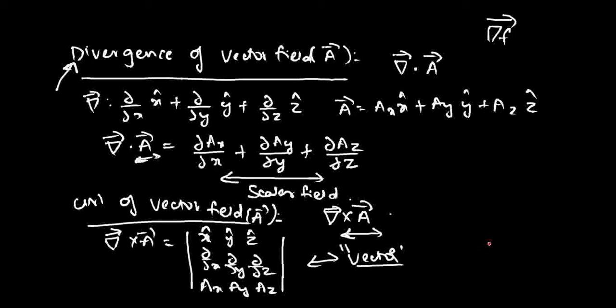So these three are very important concepts: gradient, divergence and curl. Gradient is associated with scalar fields, and divergence and curl are associated with vector fields. We have discussed gradient, divergence and curl only for one coordinate system, that is the Cartesian coordinate system, because it is simple to understand.